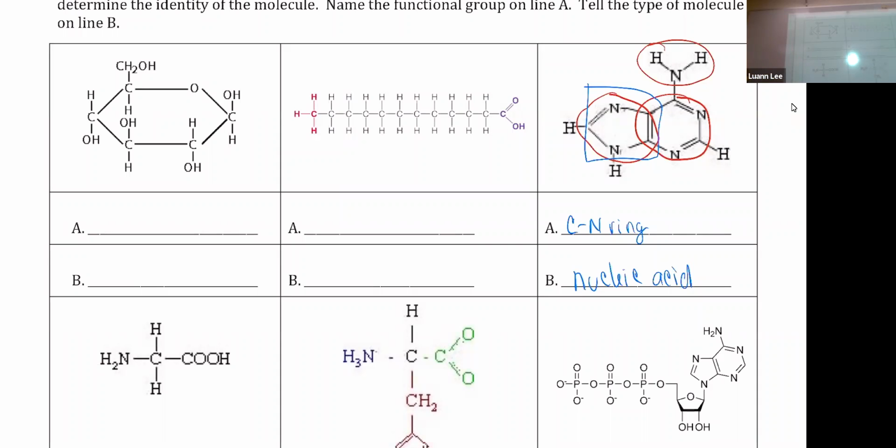So what you want to be able to do here is this: in the directions, you're told to circle all the functional groups. Here we found the NH2 is a functional group, and the carbon-nitrogen rings are functional groups. We circled them. Which one of those will let you identify this molecule?